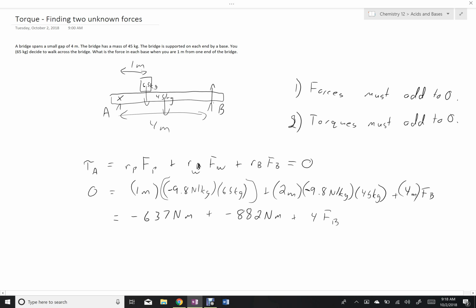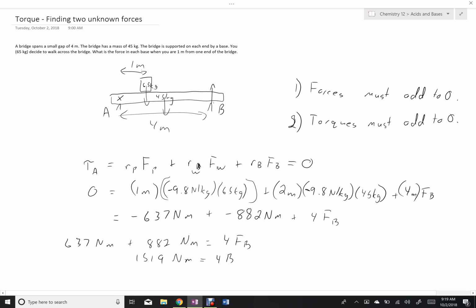Now I'm going to move all these over, so I'll get 637 Newton meters plus 882 Newton meters equals 4 FB. So I got 1519 Newton meters equals 4 FB.